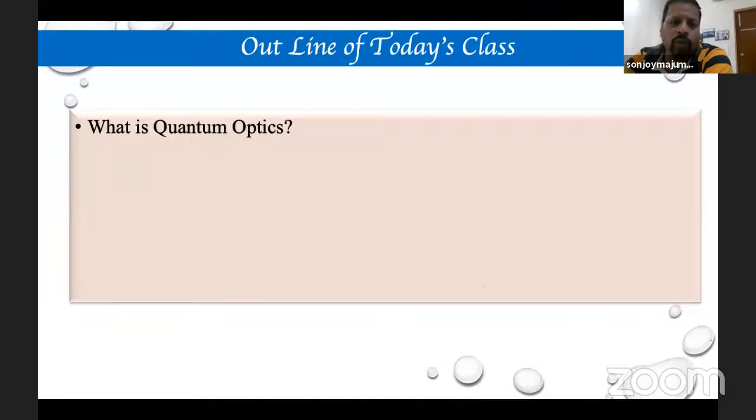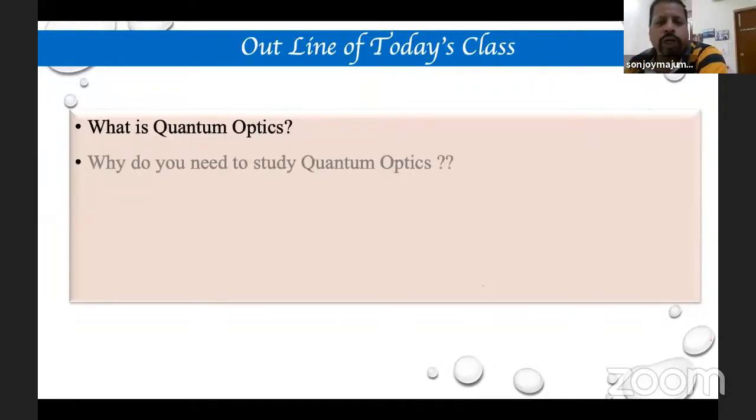Second, why do we need to study quantum optics? From your point of view, from a researcher's point of view, what is so important? I'll try to brief on them to the extent possible in this short class. Then definitely I'll give some references, mostly from books. The books I followed for this course will be stated, and you'll see that many other things, pictures, and statements are there.